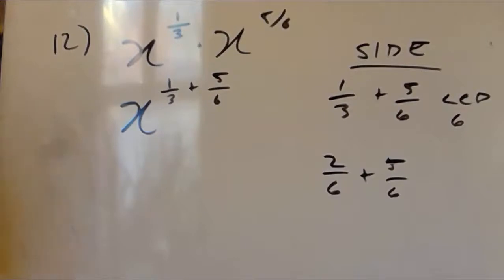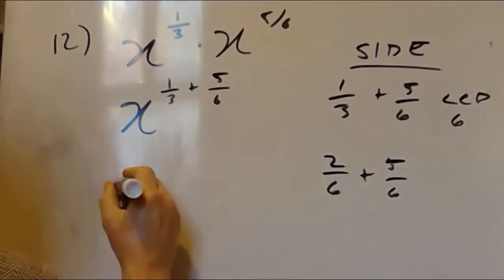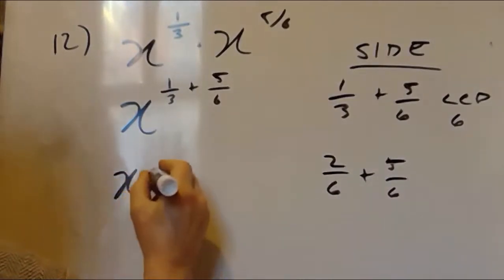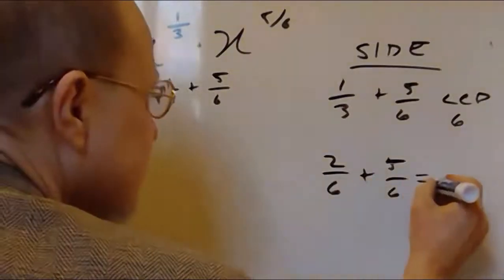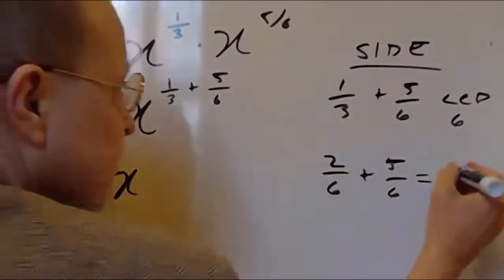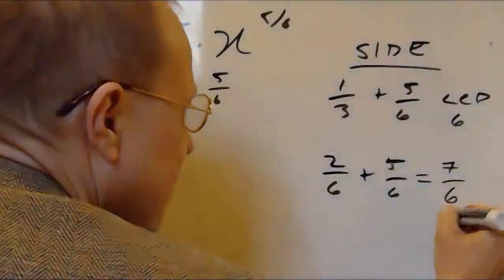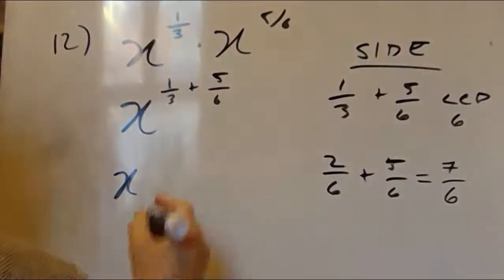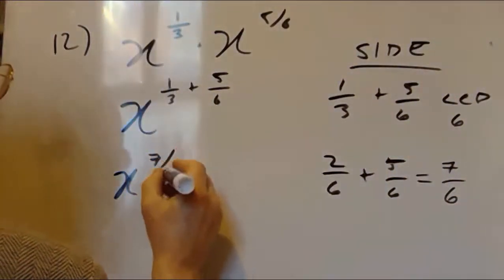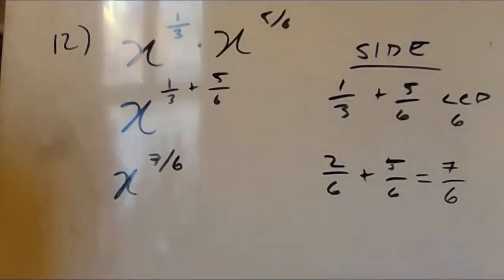And in this case, we're simplifying, we're not solving. So we must do this, we can't just clear it. So now I'm going to change this to x, so that means this is equal to 2 plus 5 is 7, and then 6. So that means my final answer here is x to the 7/6.